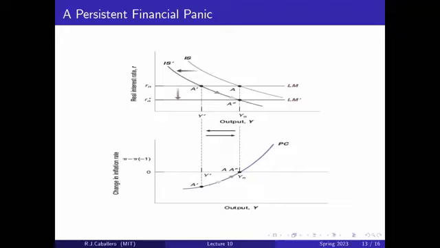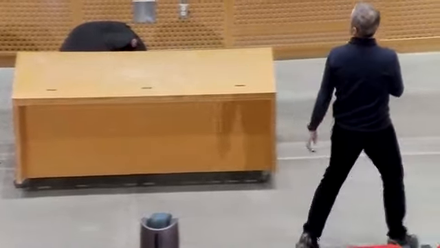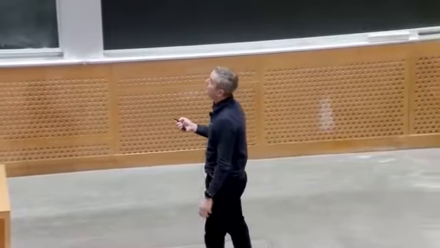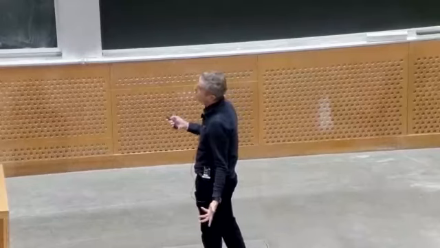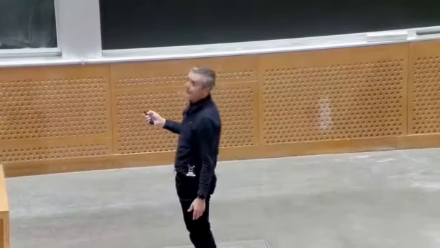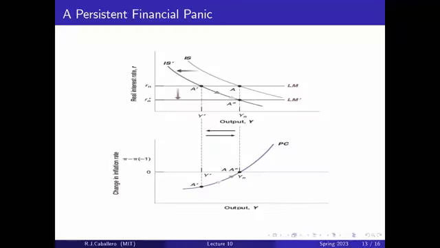The safe interest rate doesn't go up, but what goes up is the cost of borrowing, because firms need to pay this extra risk premium. For any given safe real interest rate, firms have to pay more, which means there is less investment, and so the IS moves to the left. And if that happens, then you start getting deflationary forces.